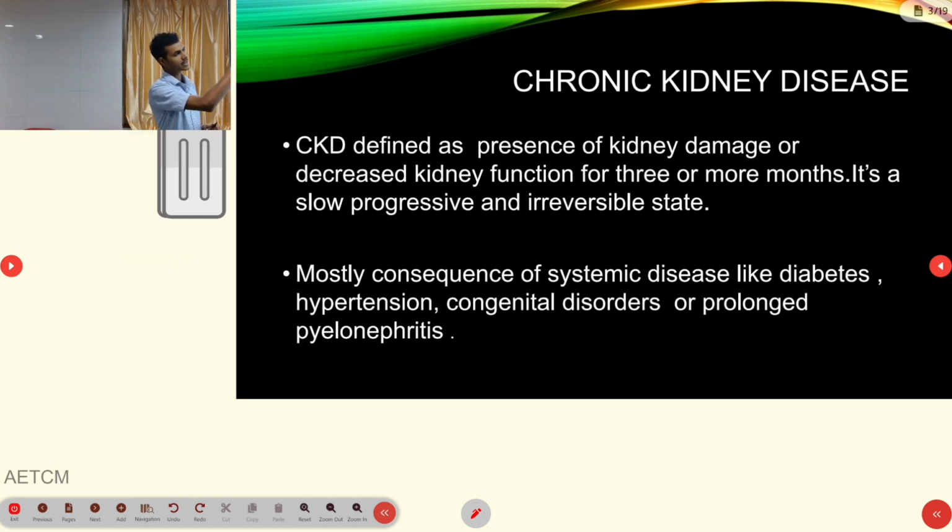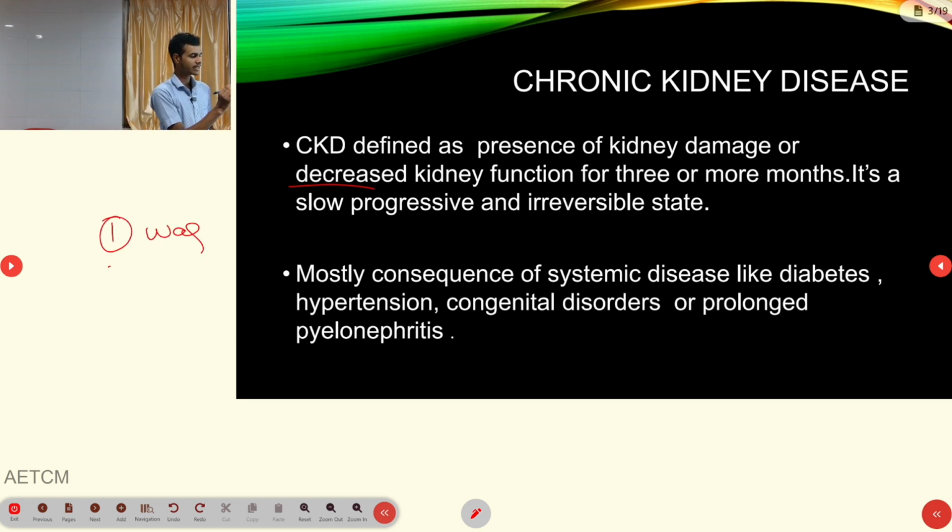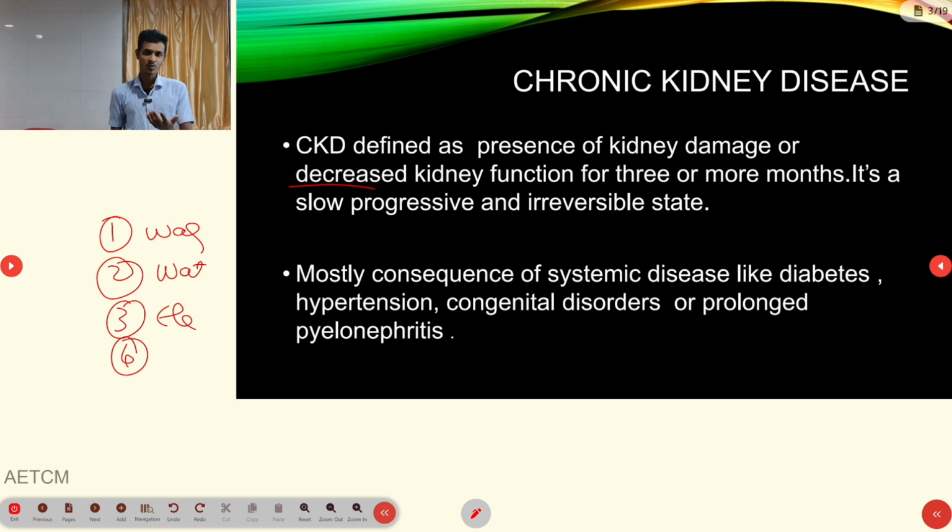Okay, coming to chronic kidney disease, decreased kidney function means what are the kidney functions, which we already discussed in AKI itself. Mainly it will remove the waste products from the body. Second, it takes part in water homeostasis, and then it maintains the electrolyte level. Fourth, it will secrete some proteins and hormones.